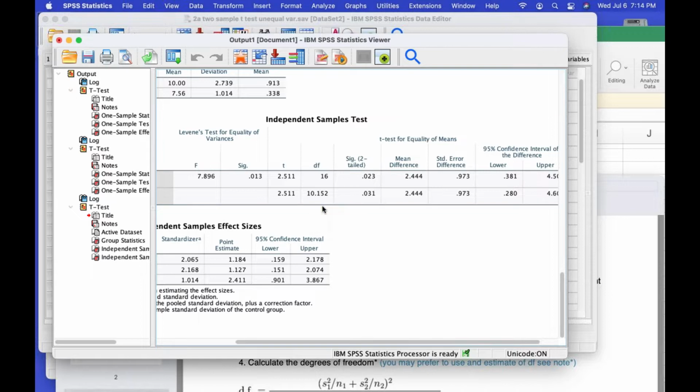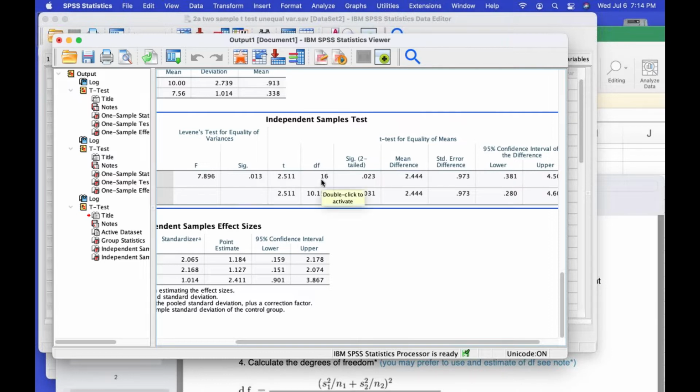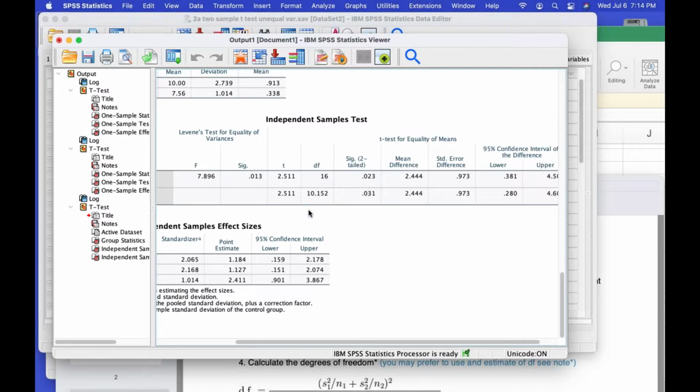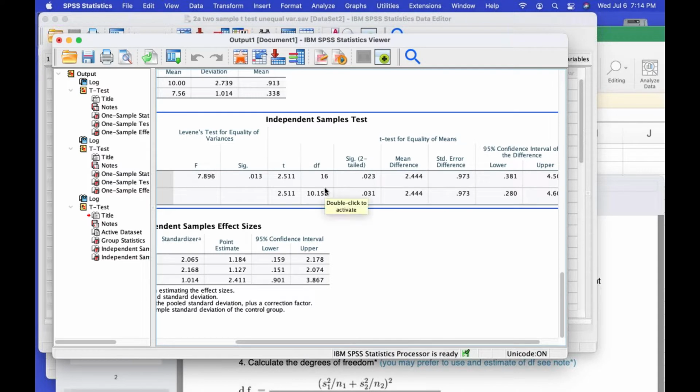Like what the critical value of t is going to be. Notice that when you do equal variances, it just adds up the two, n1 and n2. 9 and 9 is 18, subtract 2, makes it 16. When you do the unequal variances, SPSS actually works out that very complicated formula, and that's why you get such an oddball number for the degrees of freedom.